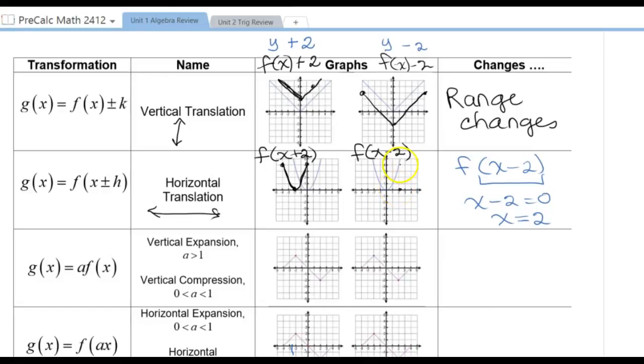I'm going to get this point right here, which is 2, 4, and move the x value 2 units to the right. And this one that's negative 2, 4, and move the x value 2 units to the right. We'll see our parabola is here. So we're going to find that what changes for these equations is the domain. The domain will change.